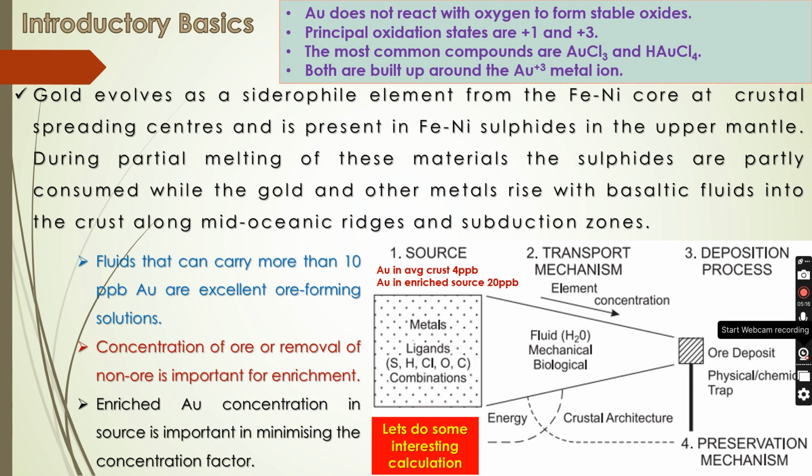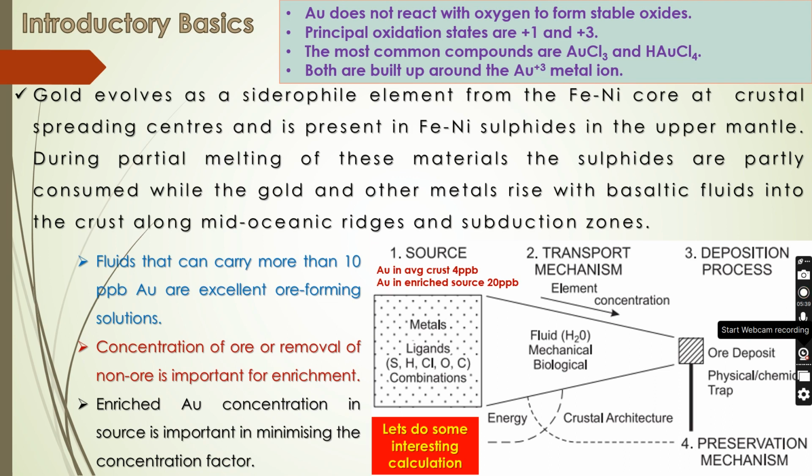When it got partially melted, the sulfides are partly consumed, while gold and other metals rise with basaltic fluids into the crust along the mid-oceanic ridges or subduction zones.